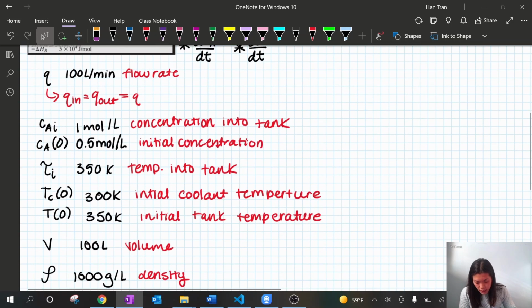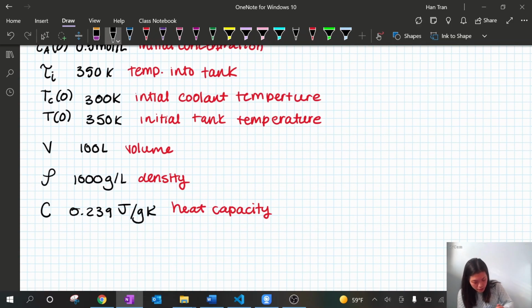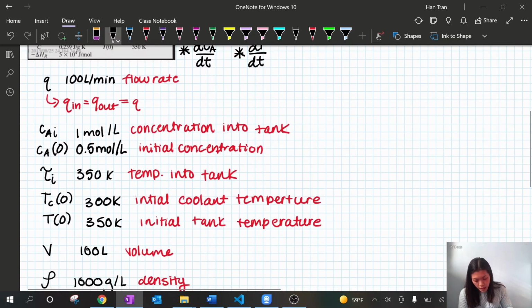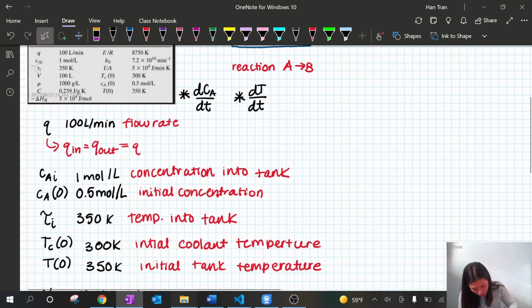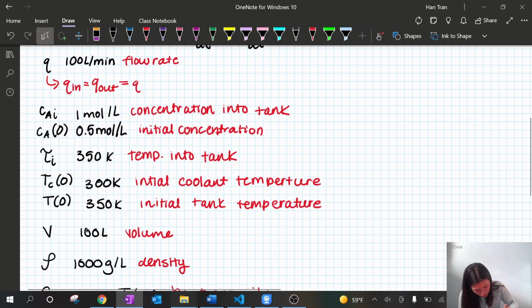We are also given a negative delta HR parameter, and delta H is often representative of enthalpy, and so we have 5 times 10 to the 4th joules per mole.